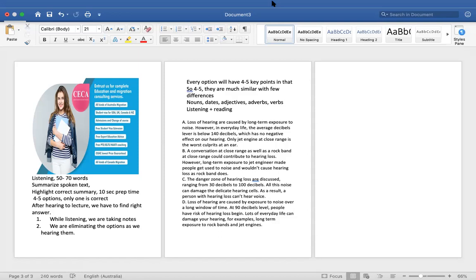Loud noises, especially when they come at you every day, all this noise can damage the delicate hair cells in your inner ear. Lots of everyday noises are bad for us in the long run. For example, a car horn sounds at around 100 decibels. A rock band at close range is 125 decibels. A jet engine at close range is one of the worst culprits at an ear-busting 140 decibels. The first thing to go is your high-frequency hearing, where you detect the consonant sounds in words. That's why a person with hearing loss can hear voices, but has trouble understanding what's being said.